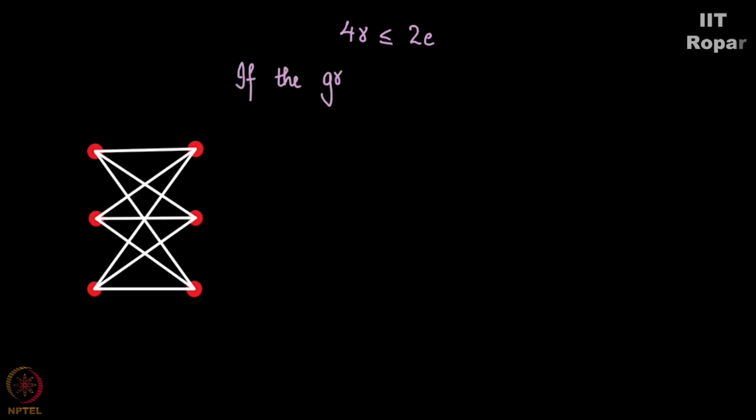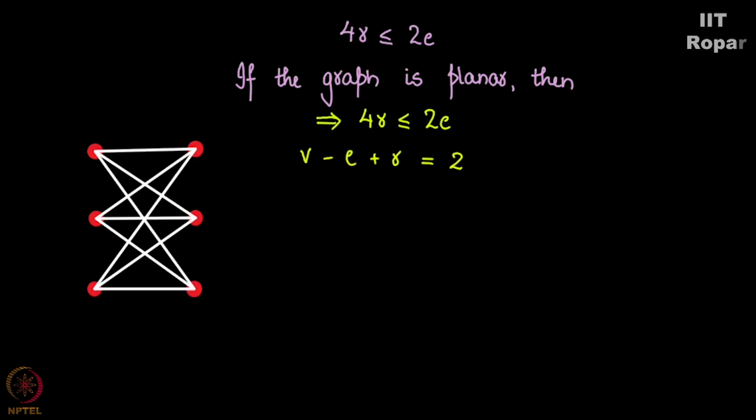If the graph is planar, then it implies that 4r is less than or equal to 2e. Also, if the graph is planar, we know that v minus e plus r is equal to 2. I am also saying that 4r is less than or equal to 2e. Let us club these two things together and see what we get.